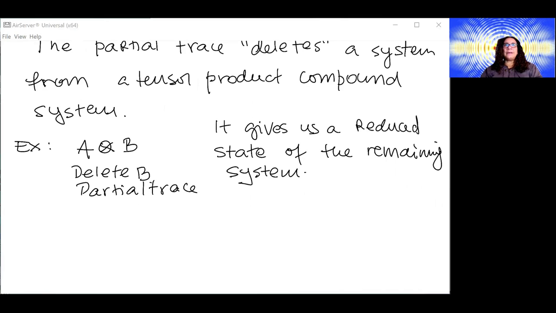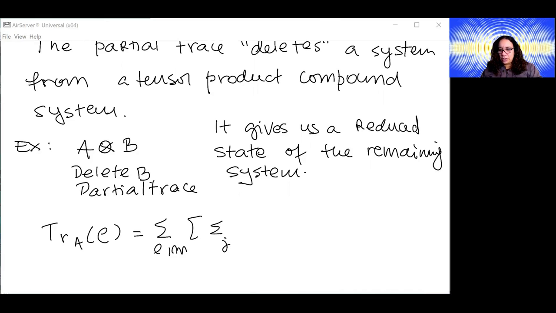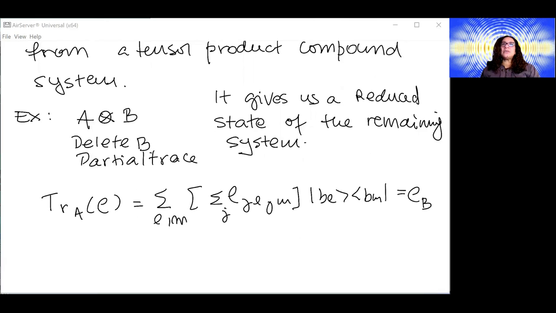For instance, if you have the trace over A of rho, you have ALM, and then you have this trace which you had before, JLJM, BLBM, and this is equal to rho B. So this is the reduced density matrix, and it would describe the state of the system B if this is considered individually.